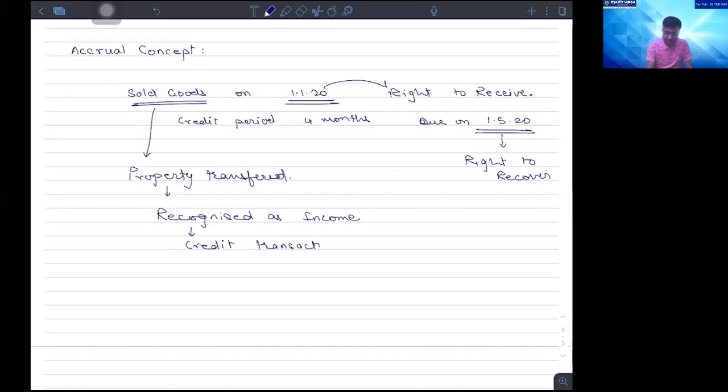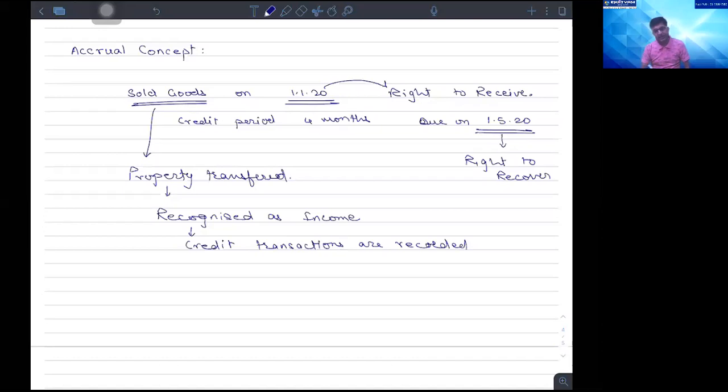The credit transactions are recorded as per the accrual concept.